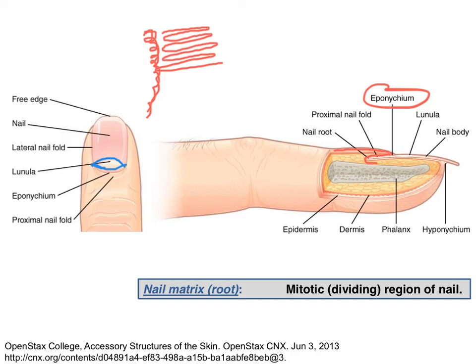So if a person is developing jaundice or cyanosis, the lunula may be the first place that you can actually see it, before you see it in the rest of the skin that's maybe more heavily pigmented. So if you see a yellowish tint or a bluish tint in your lunulas, you might want to have it checked out by a doctor.